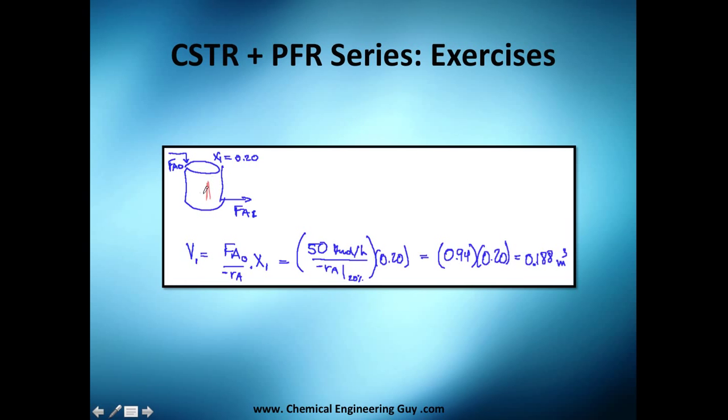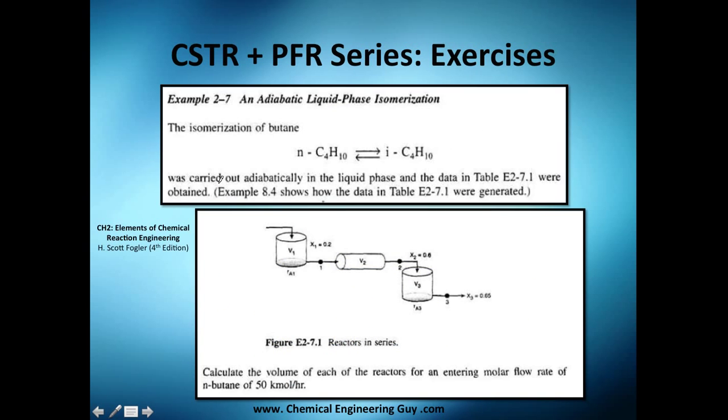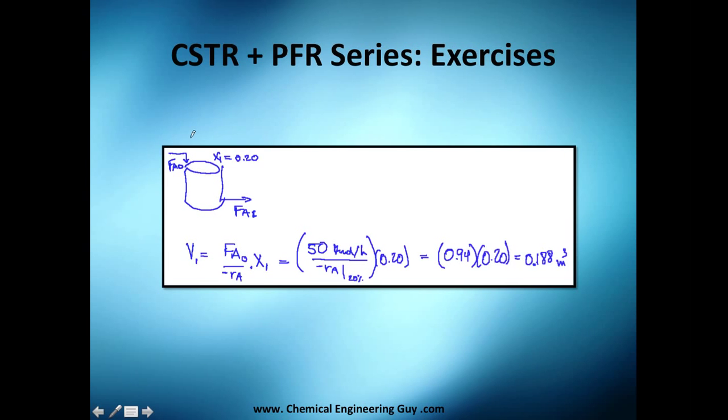So the first reactor is actually this one here, until 20%. Let's do an analysis on it. I have an inlet of 50 kilomoles. I got a conversion, which is here, and a rate of reaction, which I call check. So by definition, I got it from the formula. I got this one, V1 equals FA0, which is 50, divided by RA.